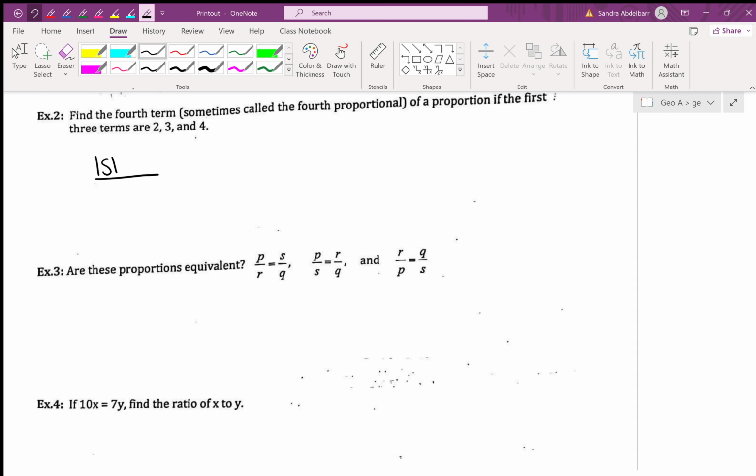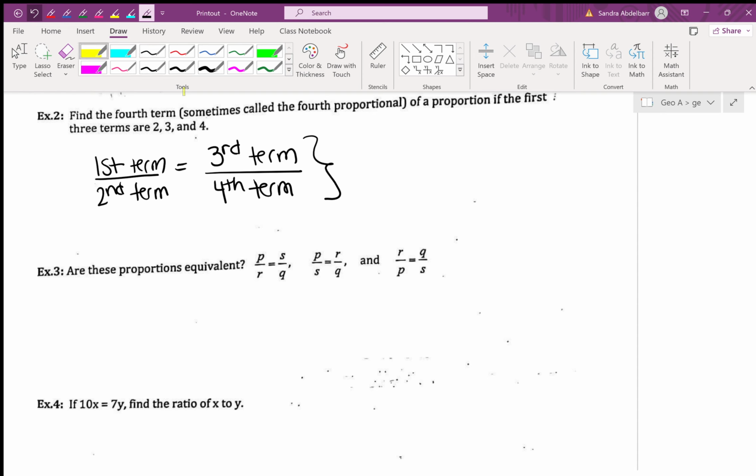In a proportion, it's the first term over the second term equals the third term over the fourth term. So now we substitute in our numbers. So the first 3 terms are in this order. So it's going to be 2 over 3 equals 4.